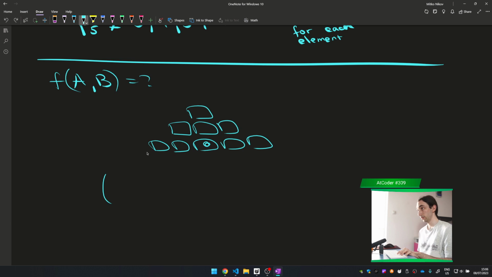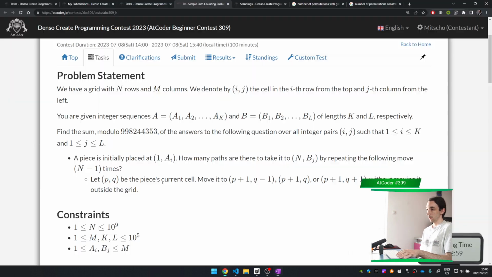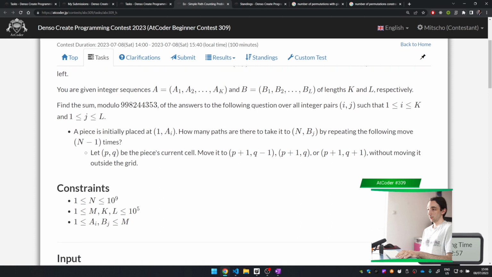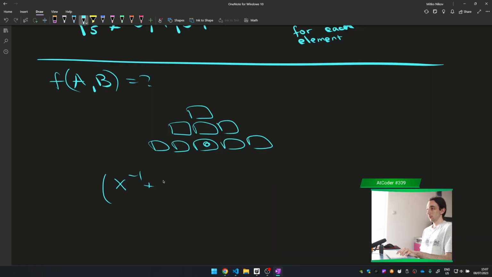The answer on how many ways there are would be (x minus 1 plus x plus 1 plus x) to the nth power.